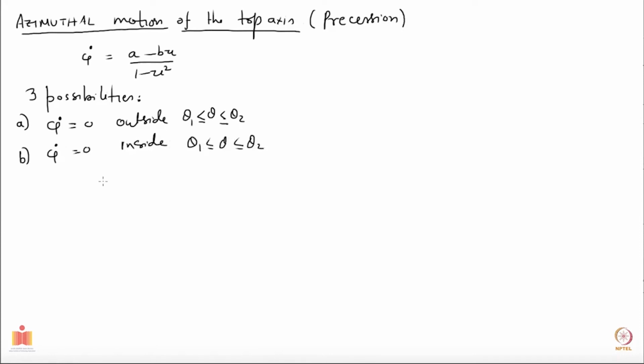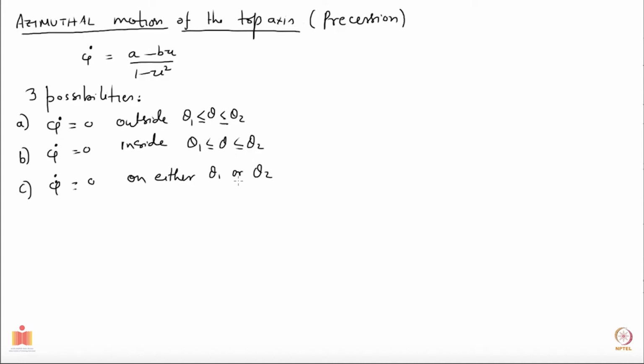And the third possibility is it is on one of these. Phi dot is equal to 0 on either theta 1 or theta 2. So these are only three possibilities, and all these possibilities correspond to a minus b u equal to 0. You solve this numerator equal to 0, and your solution gives you one of these possibilities. That's what we are talking about.